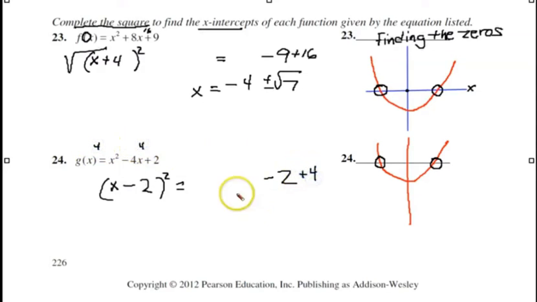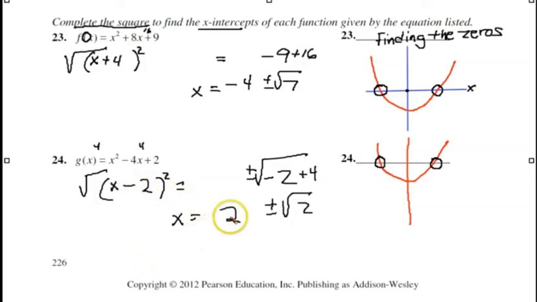So this becomes a 4. Take the square root of that, plus or minus the square root of that, which is plus or minus the square root of 2. Bring my 2 over. This -2 comes over as a +2. So 2 plus the square root of 2 is 1. 2 minus the square root of 2 is the other.